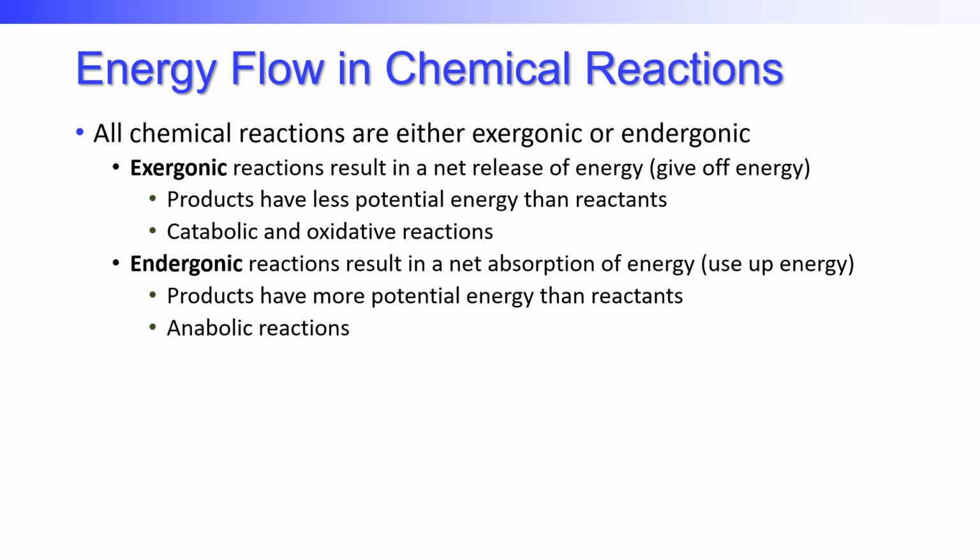Or the other possibility is that you have to put some energy into the system to make the system work that way. But either way, there's going to be a movement of energy as a result of a chemical reaction. And depending upon where that energy occurs in a chemical reaction, the reaction will be considered either exergonic or endergonic.